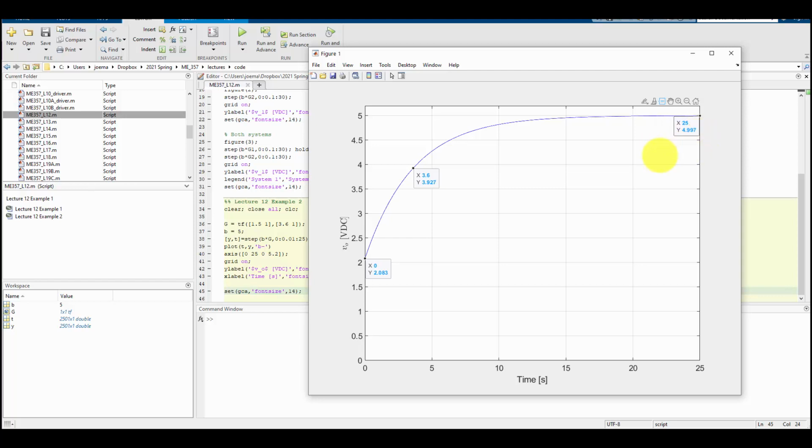So our steady state value of 5 volts DC, that also agrees with what we found by hand. So the actual plot out of MATLAB at these key points is matching exactly what we had in our sketch. The sketch does not capture the exact behavior of the system, but at these key features, we are exactly matching what we have in this numerical simulation.